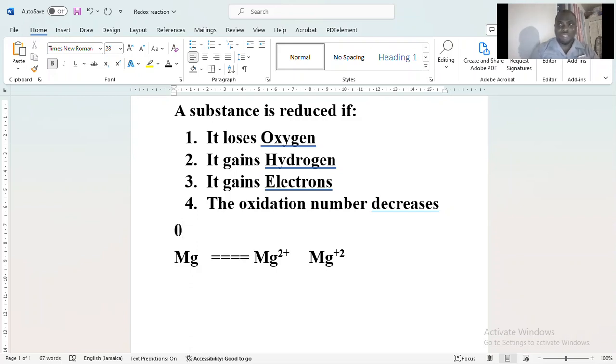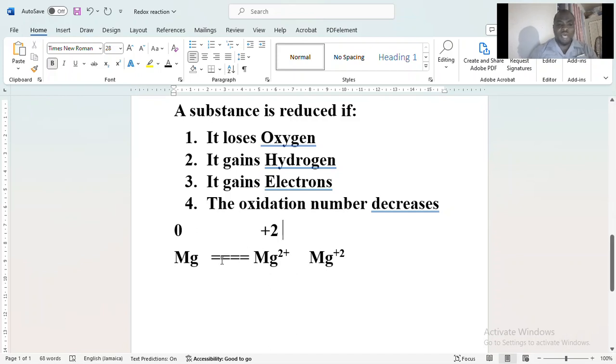There's no difference in terms of the charge, right? When this magnesium gives up the electrons to a nonmetal to become stable and form an ionic compound, the oxidation state becomes +2.